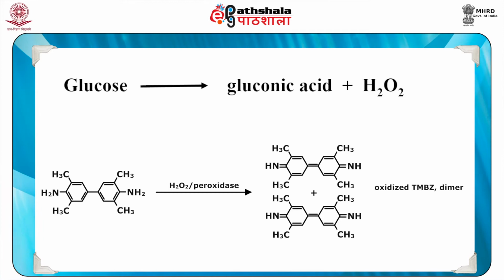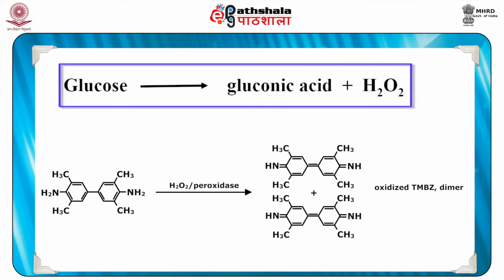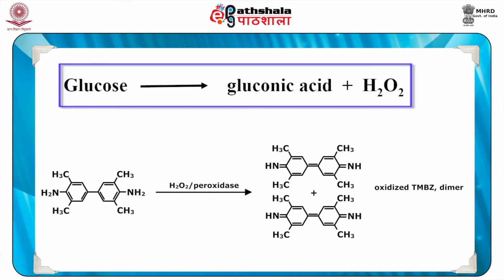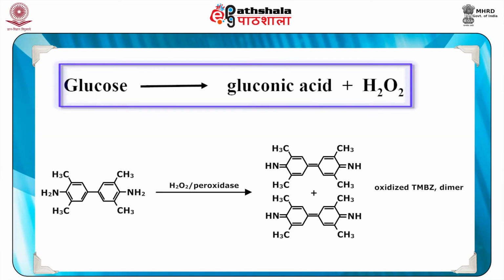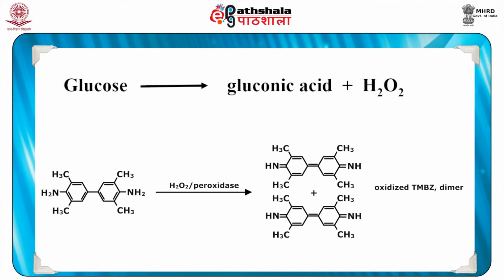Note that the reactions of glucose, which is oxidized, can be measured spectrophotometrically. For example, in the oxidation of glucose, reaction 1 is the oxidation of glucose to gluconic acid and hydrogen peroxide in the presence of the enzyme glucose oxidase.